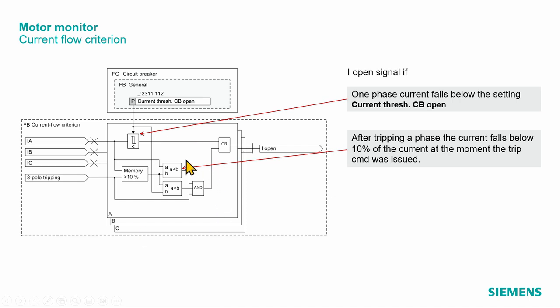This means that the current which is measured must be less than 10% of the current which was at the point of time when there was the tripping command. Now we know the tripping command, we can measure that current, and if this drops down to less than 10%, we also assume breaker is open. So this comes into the game especially after a tripping of a short circuit at the end.